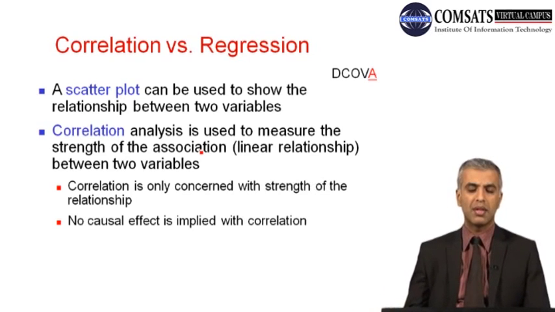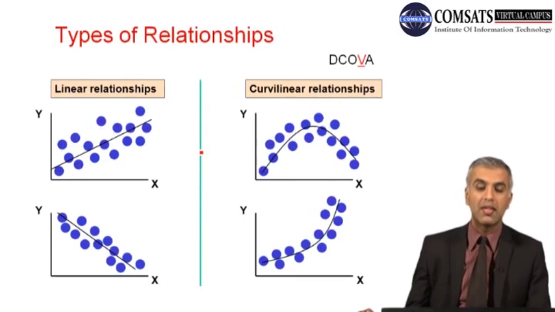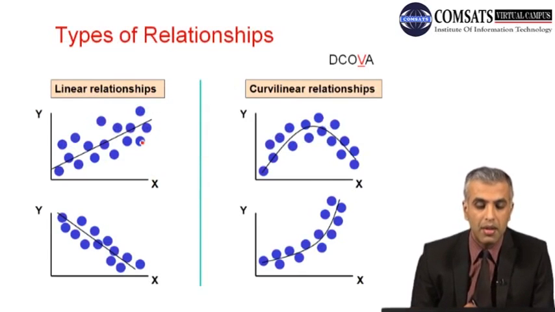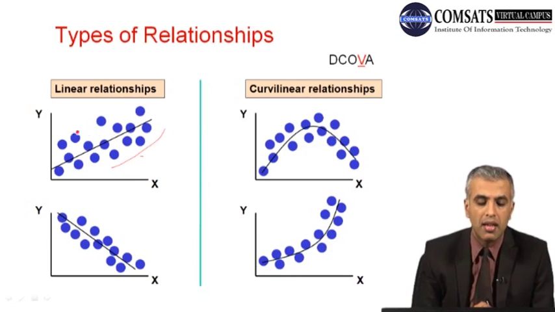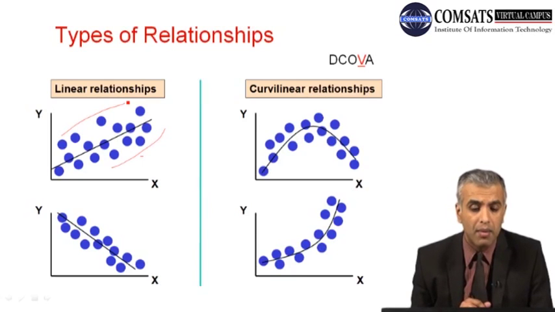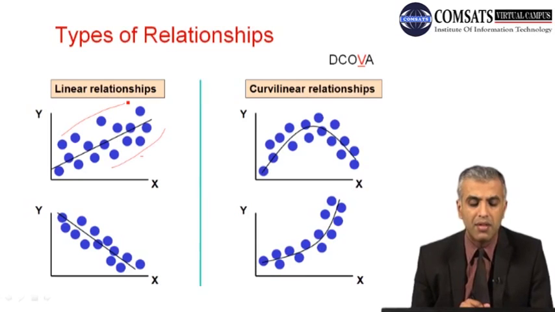But coming to the detail, we have already discussed how there are different types of relationships, and here you can see that in a linear relationship we have got a straight line, and you can see how all these values are more closely bonded towards that line, and this in fact gives us an idea of a linear relationship.